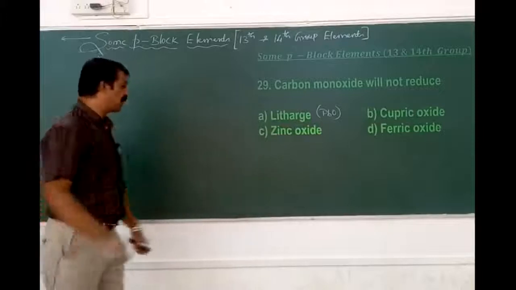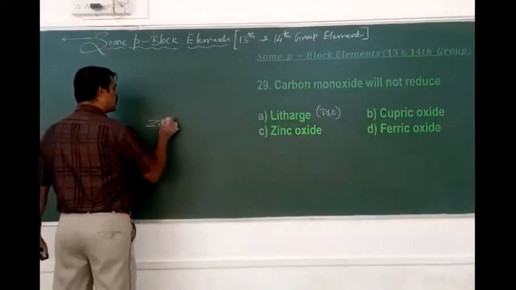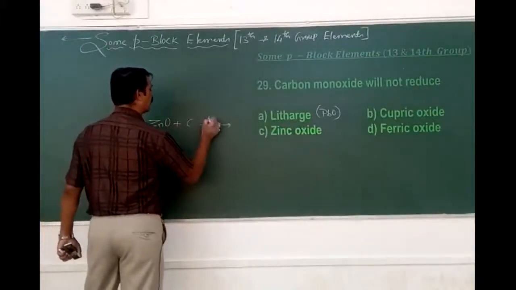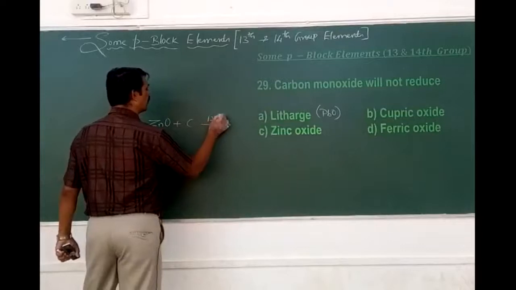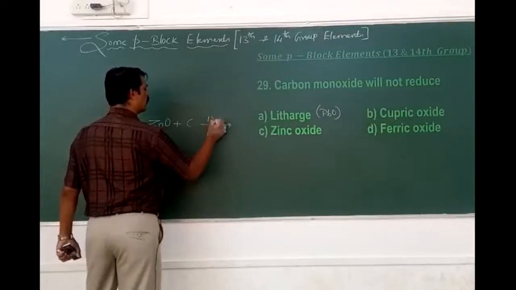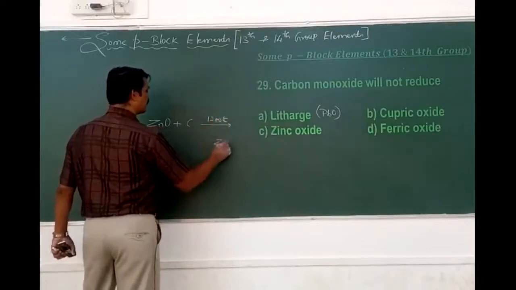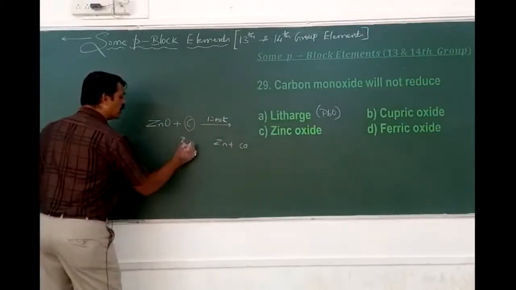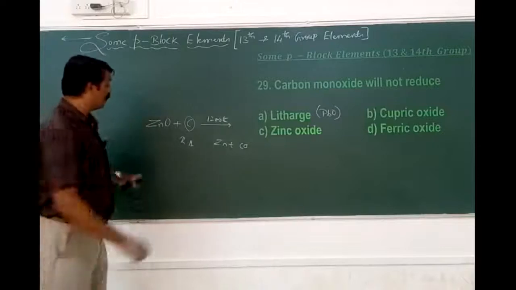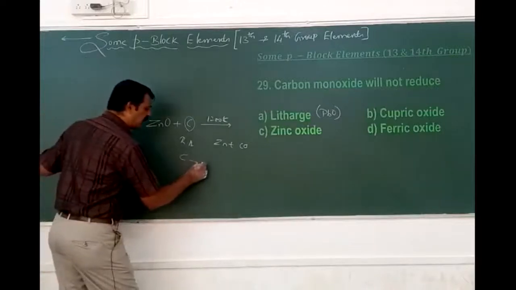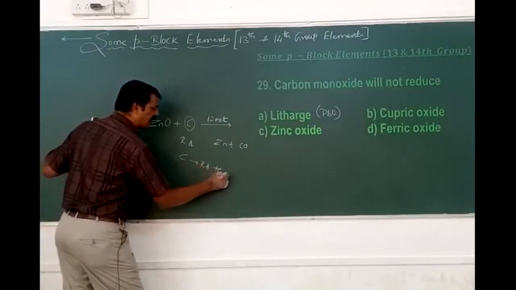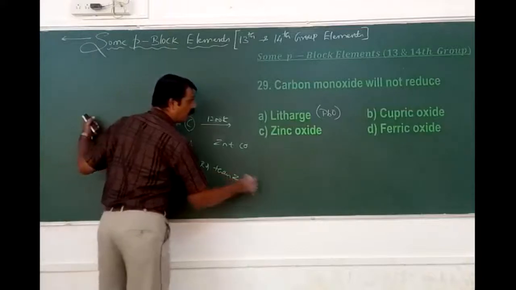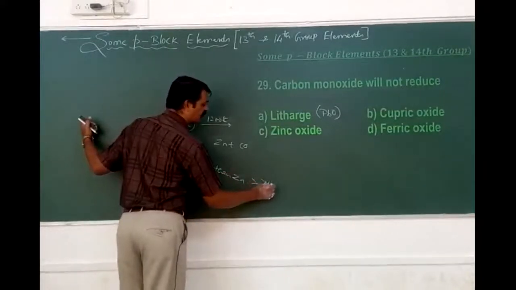Lower temperatures. As we know, zinc oxide combines with carbon at approximately 1122, nearly 1200 Kelvin, and we get zinc plus carbon monoxide. Means carbon is a better reducing agent than zinc above around what is that? 710 degrees Celsius.